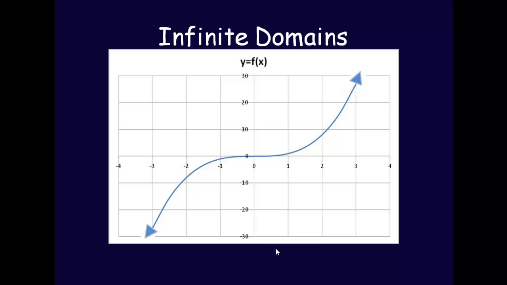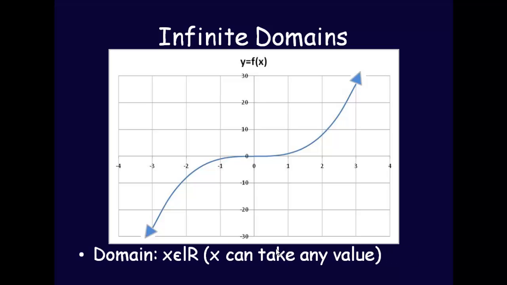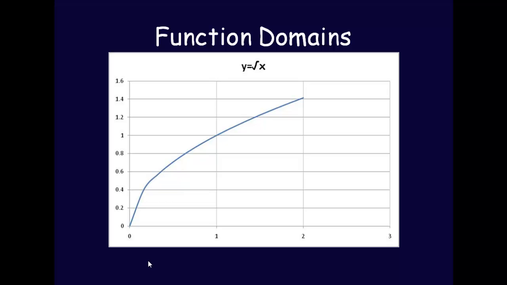Confusing, isn't it? Well, this is what you should have got. Just simply, x is a member of the set of real numbers. It can take any value, any real value, so we just write this here. The bit in brackets is just by way of explanation, but you don't necessarily need to put that. For domain, you can simply put this.